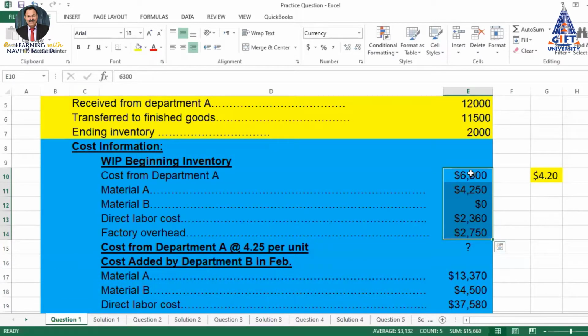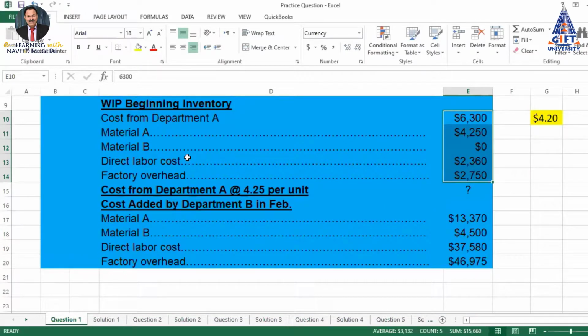If you have the total cost of beginning work in process inventory, you will apply the first in first out method. And if you have the breakup of these elements, you will apply the weighted average method. So note this down. This is the basic difference between the first in first out method and the weighted average method in preparation of the cost of production report.